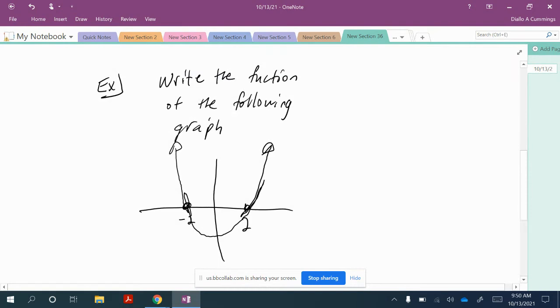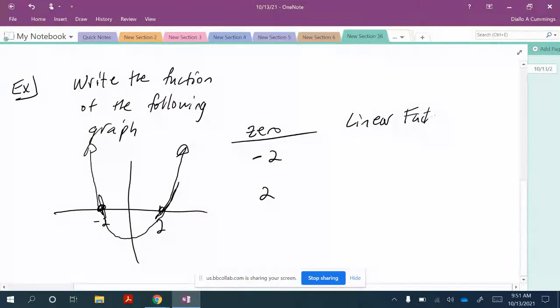Right, so the only thing we're basically given is we know the fact that it's a quadratic equation, right, because the graph forms a U shape. And we're also given the two zeros. We're given a zero of -2, and we're given a zero of +2. Right, so we're going to convert the zeros to linear factors.